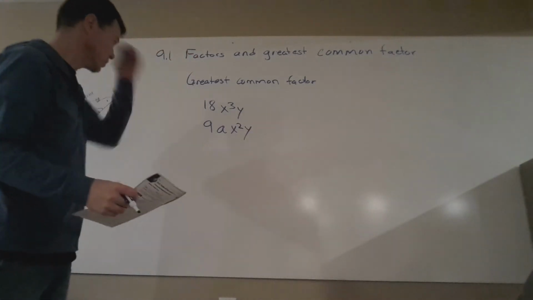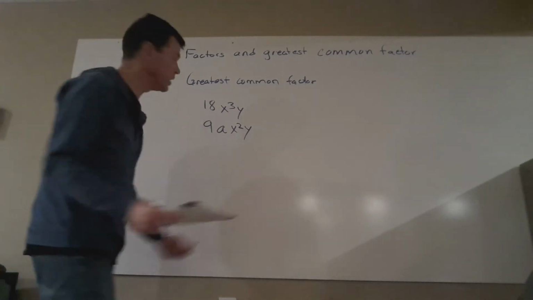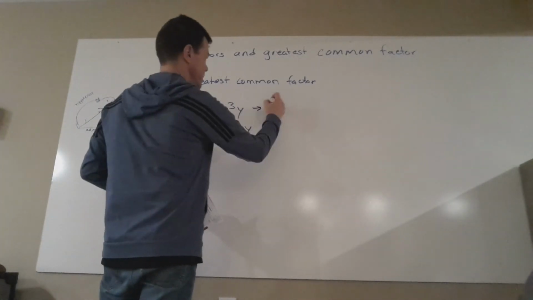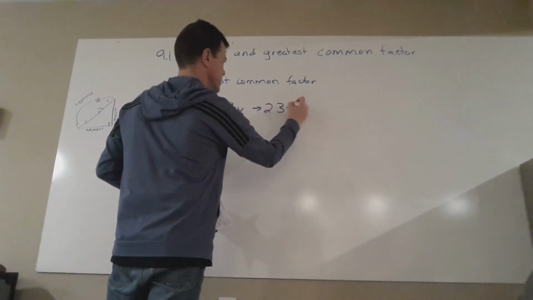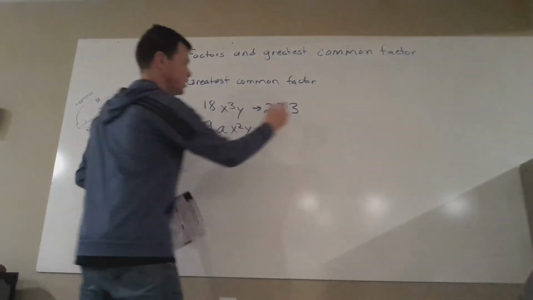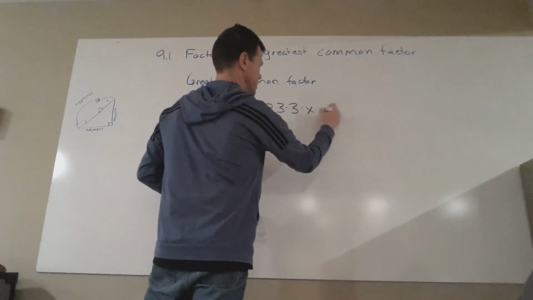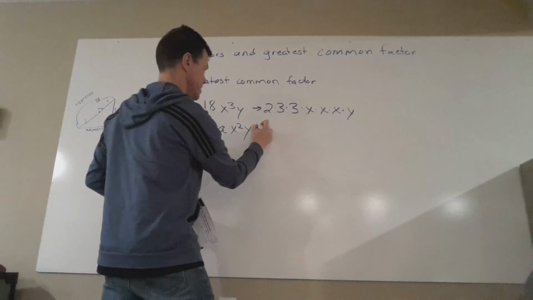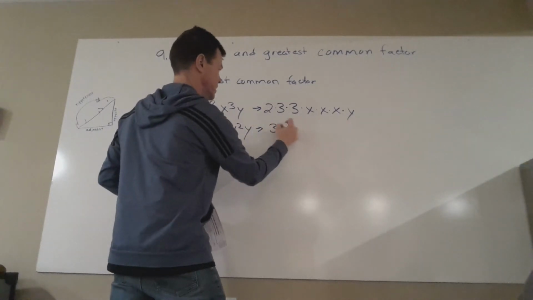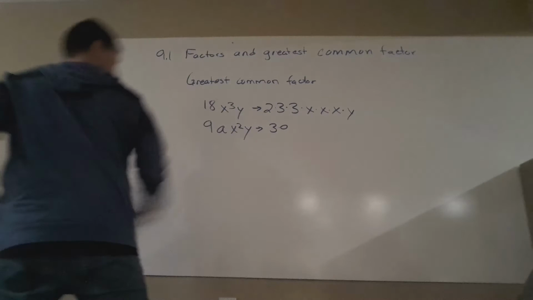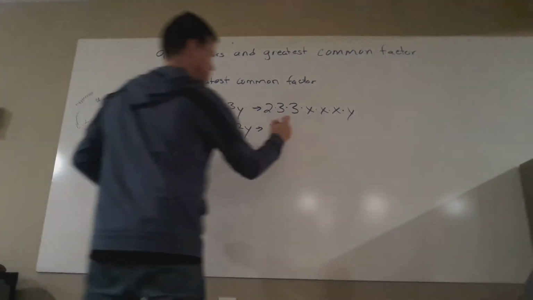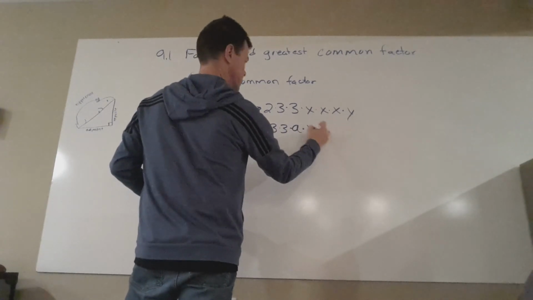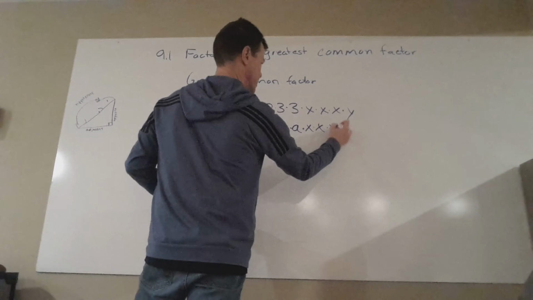So we'll start with each one, and we are again looking for just your common factors. 18 would be 2 times 3 times 3. x cubed, 3 x's, and don't forget your y. 9 is 3 times 3, times a times x times y.